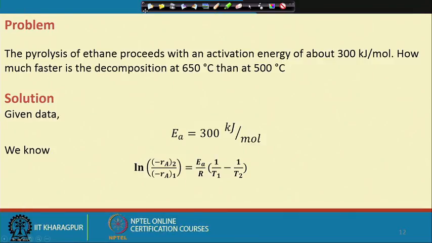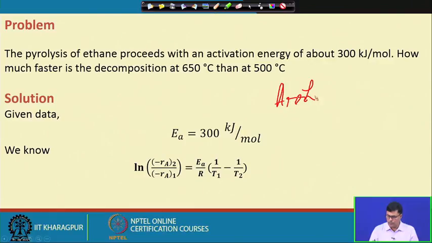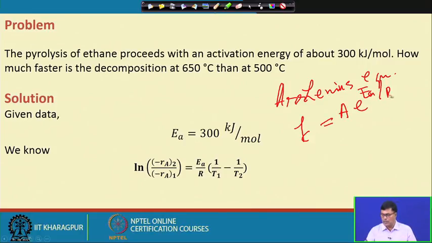So, if you look at this again, I shall have to go to the Arrhenius equation. The Arrhenius equation is K equal to A e to the power minus EA by RT.